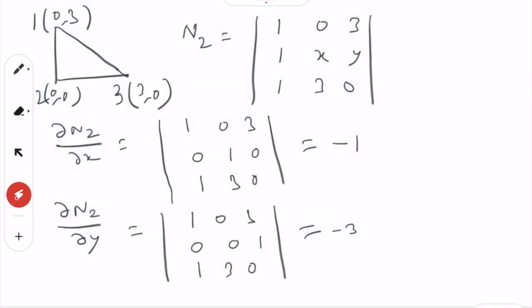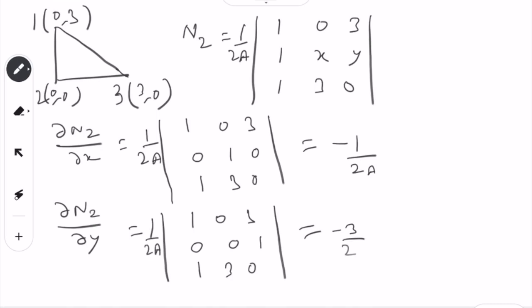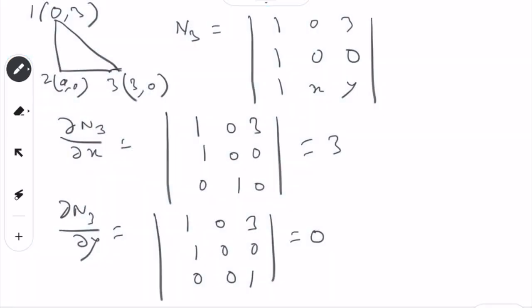Here also N2 will be 1 over 2 area, and hence 1 over 2a, minus 1 over 2a. Similarly here 1 over 2a, so 1 over 2a will be common to all, 3 over 2a, 1 over 2a, like this one.